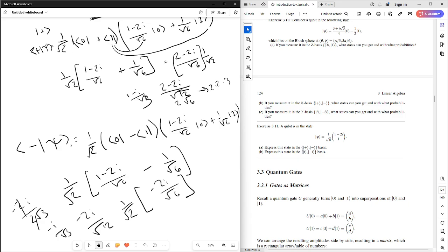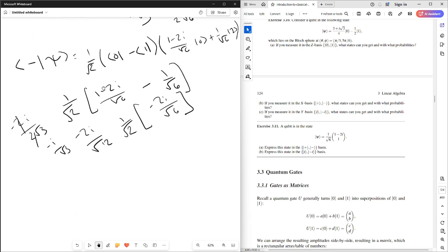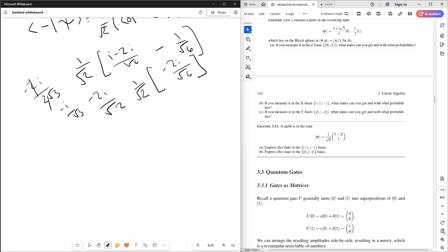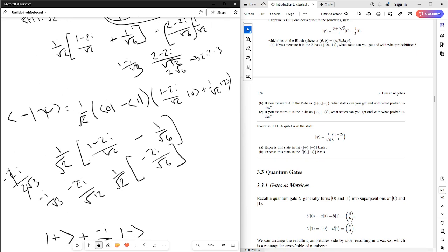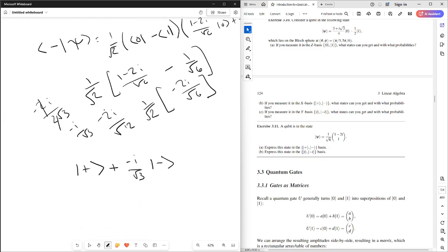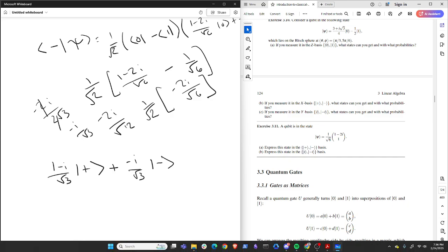That is correct. So now we have discovered the amplitudes of psi once we measure it in the plus minus basis: minus i over square root of 3 for minus, and 1 minus i over square root of 3 for plus.